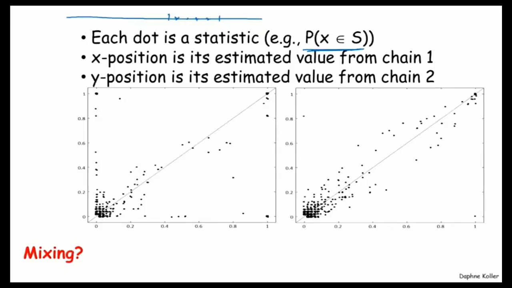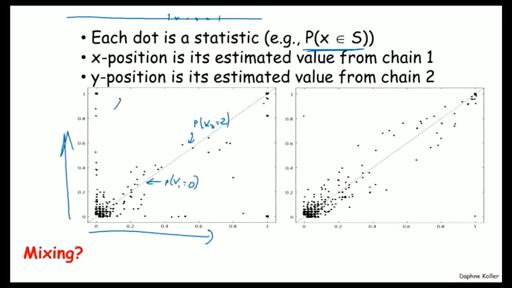So for example, the set of states where x3 is equal to 2. And now we compute that statistic using the two initializations of the chain. So this is chain 1, or run 1, and this is run 2. And now we do a scatter plot for different statistics. So each of these points is the probability, say, of x3 equals value 2. This might be the probability that x1 is equal to 0.